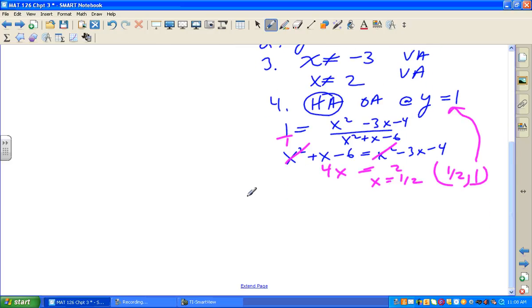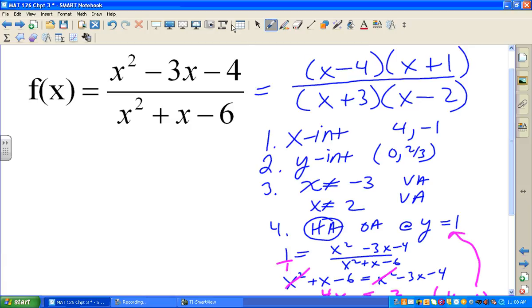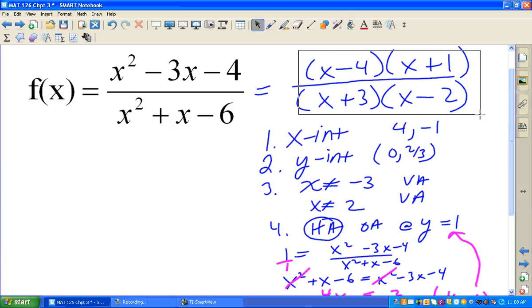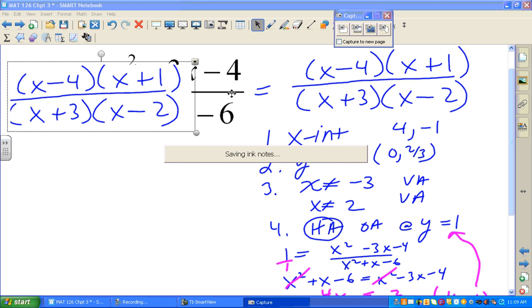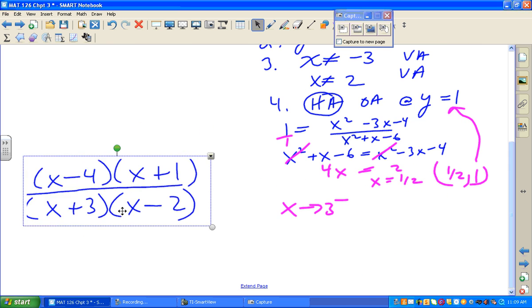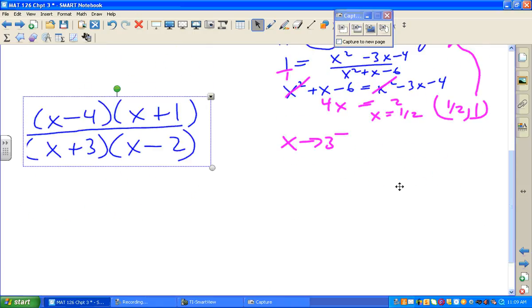So far, so good. Now we have to see what happens on both sides of the vertical asymptote. I'll bring it down with me. So I'm approaching -3 from the left.